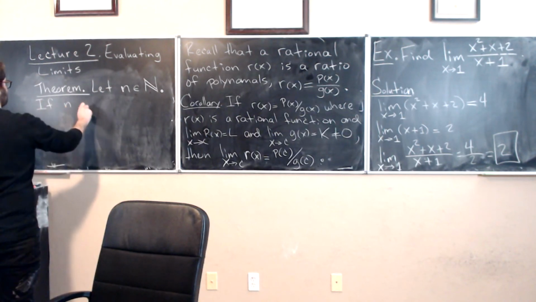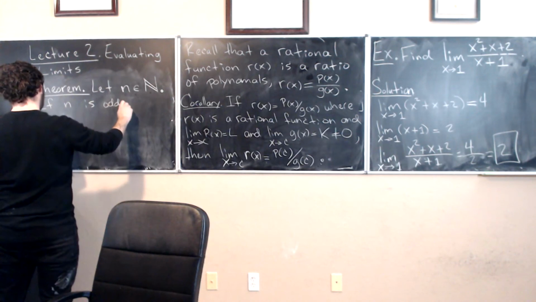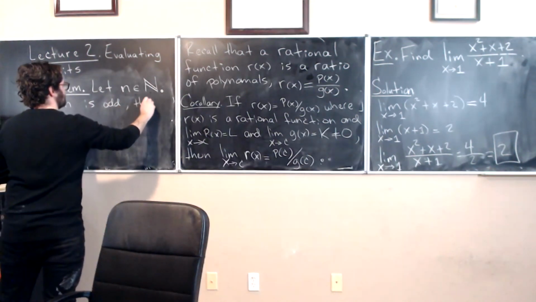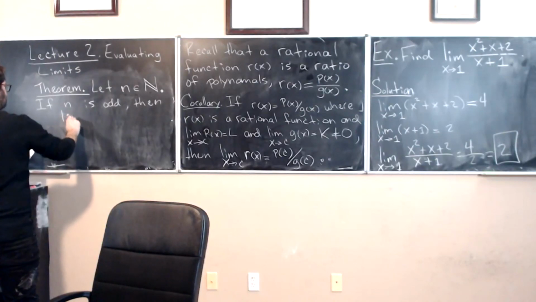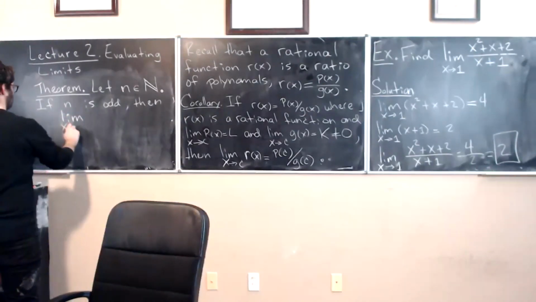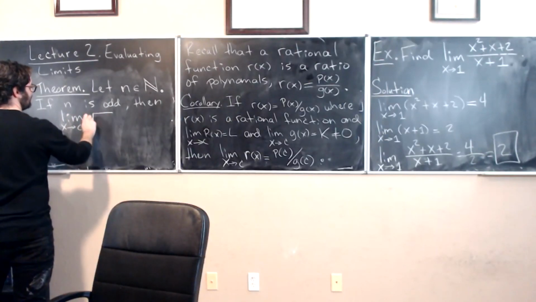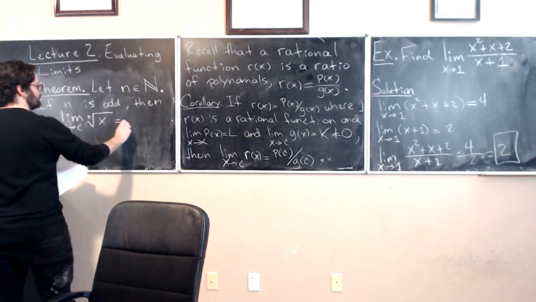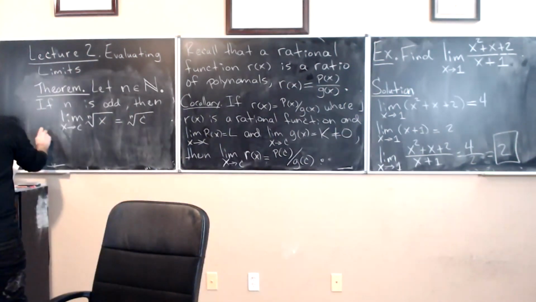If n is odd, then the limit as x approaches c of the nth root of x is equal to the nth root of c for all c.